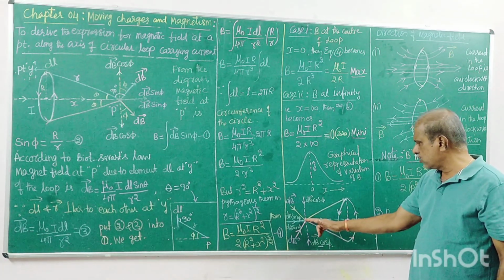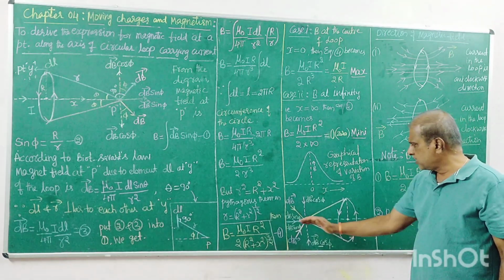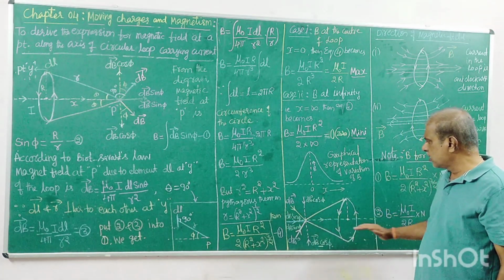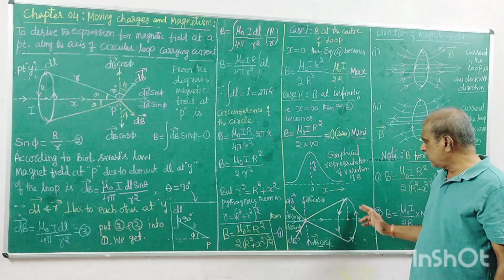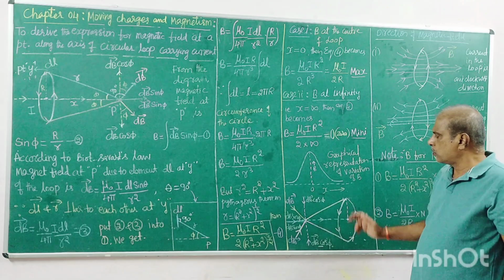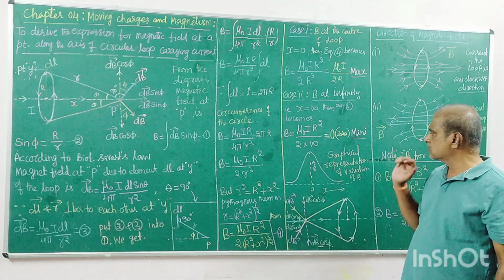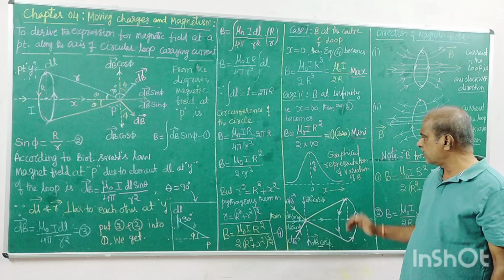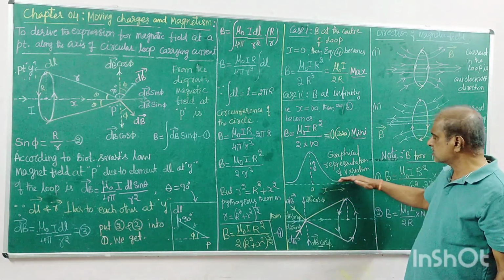If this is the case, moving from this point to this point, the direction of the magnetic line of force is from left to right if the current is in the anti-clockwise direction in the loop. This is the graphical representation of the variation of B along the x-axis.